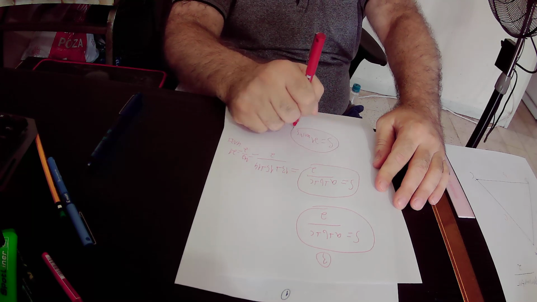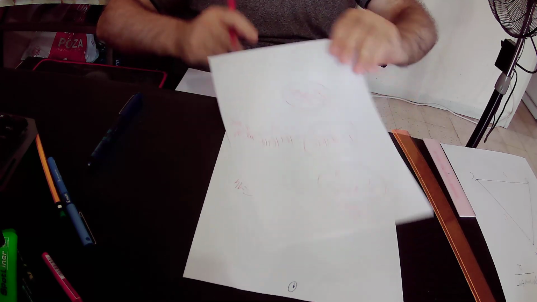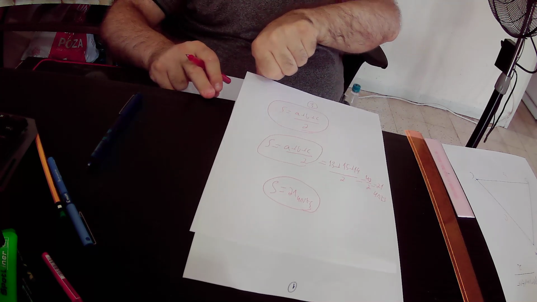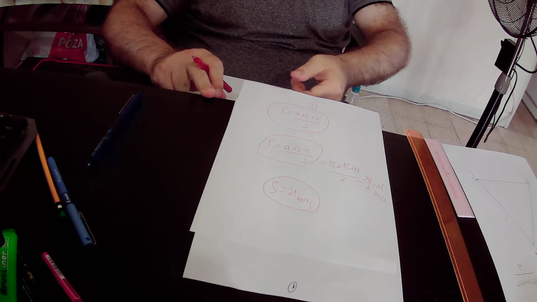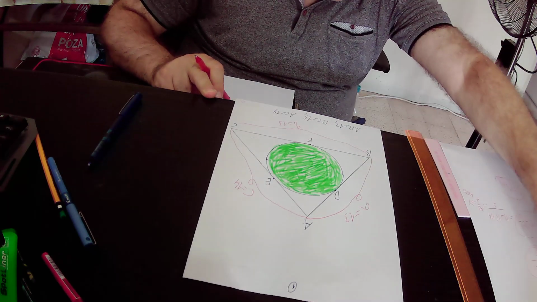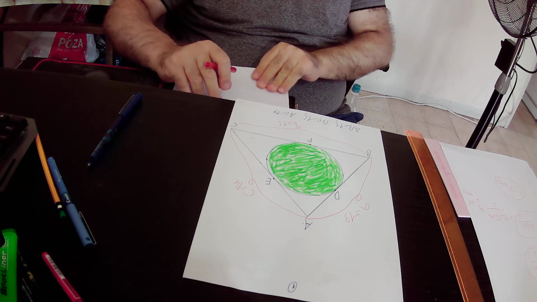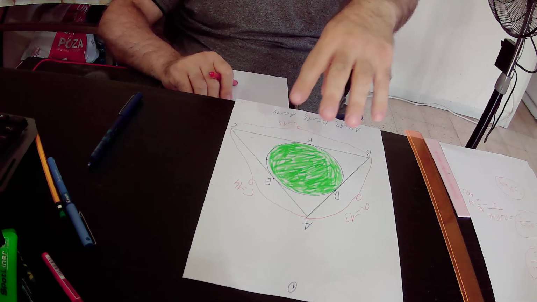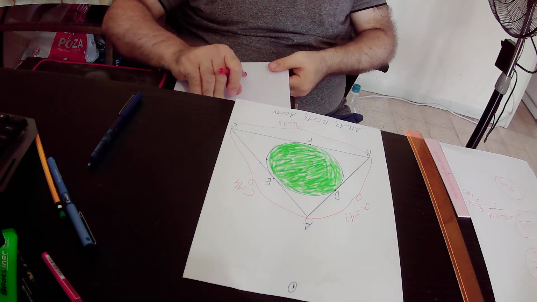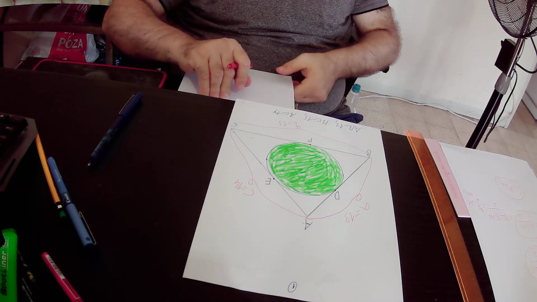Okay, again, the semi-perimeter of our triangle ABC equals 21 units, and in the next step we will find the area of triangle ABC according to a special formula.